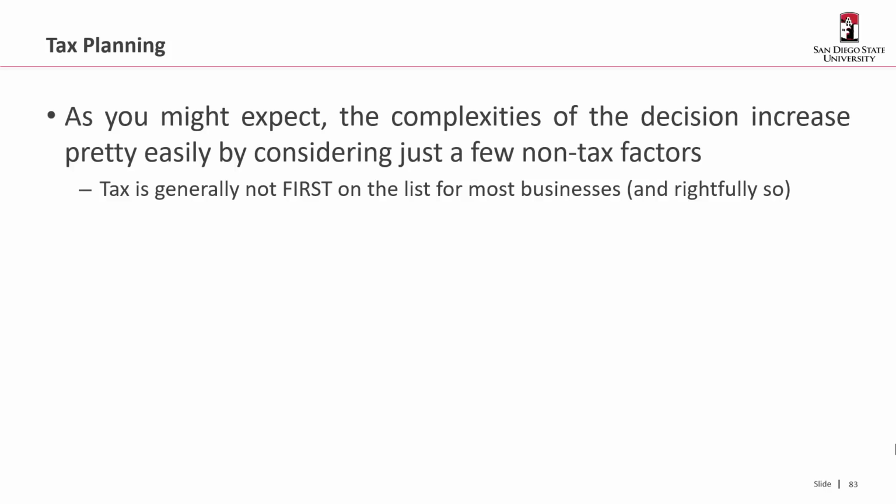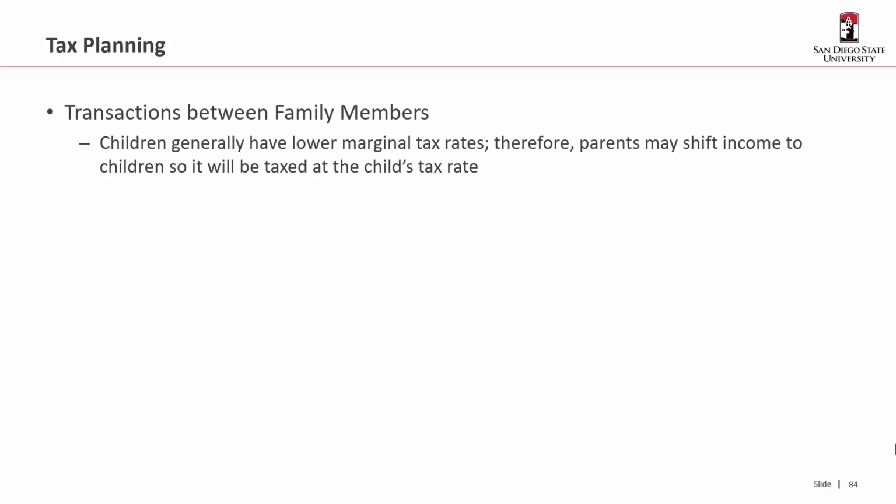Tax is not generally the first item that most businesses consider when they think about what type of entity they want to be. It is something that needs to be considered, but it's generally not first. Cost of labor, working rights, relationships with the other owners, all these things weigh in on exactly what kind of entity form you might choose.